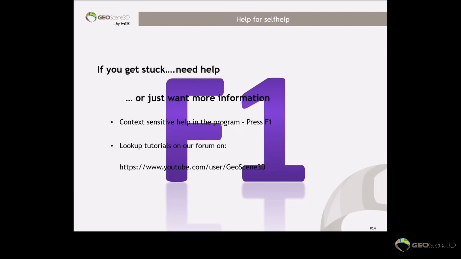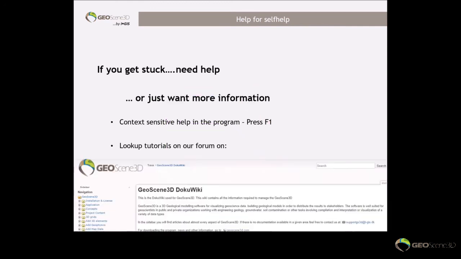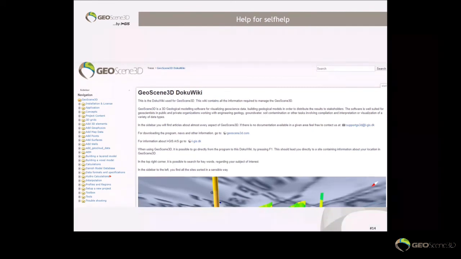So if you're about to import geophysical logs and are stuck in that process, press F1 and whatever help we have on that will be brought up to you from our GeoScene3D Wikipedia page. There's a lot of good information in here. There are import guides and guides on basically everything. Go look at it. It's a good place to learn GeoScene3D.